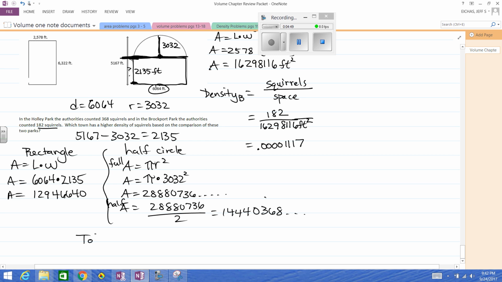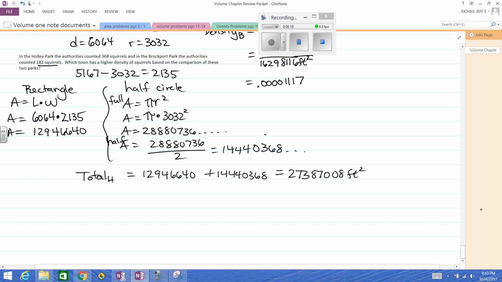So the total area for Holly Park, we just add those two. That's giving us a total of 27,387,008 square feet.